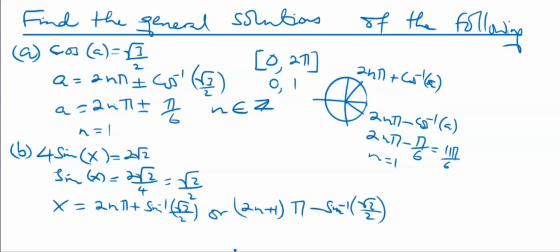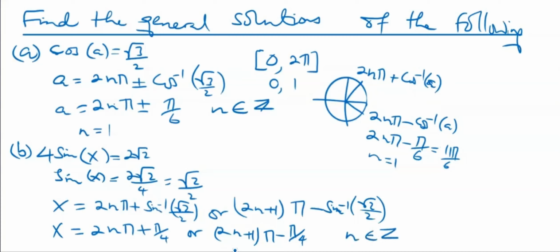So x equals 2n pi plus quarter pi, or 2n plus 1 pi minus pi on 4, where n is an integer solution. And if that's restricted, we just substitute back into what has been given to us.